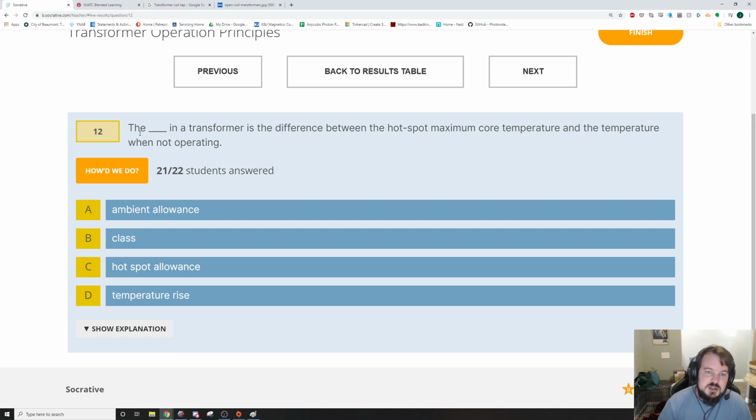The blank in a transformer is the difference between the hotspot maximum core temperature and the temperature when not operating. That has to do with whenever it's not running, sitting idle, and then the maximum temperature it could have is called the temperature rise.